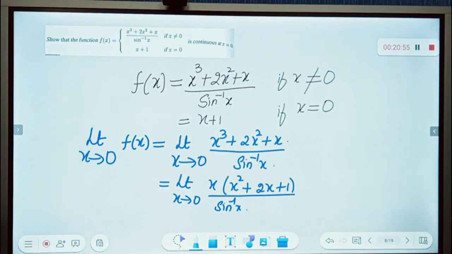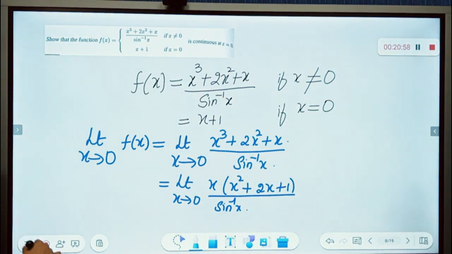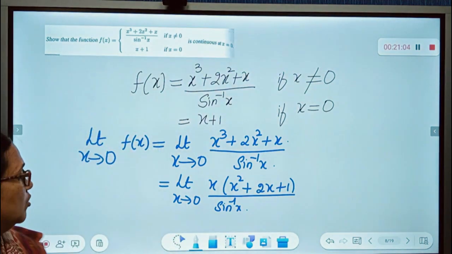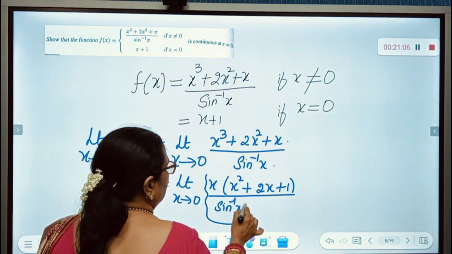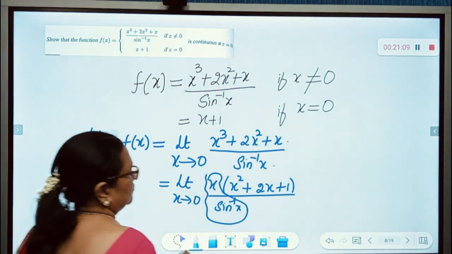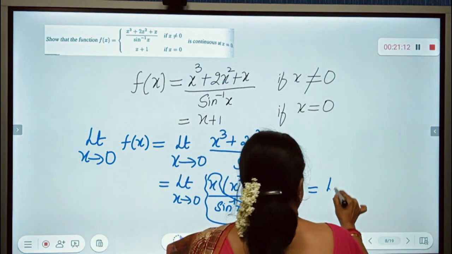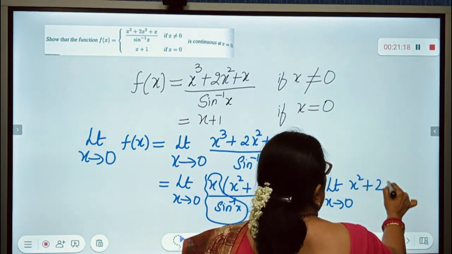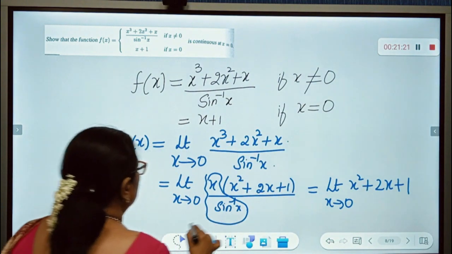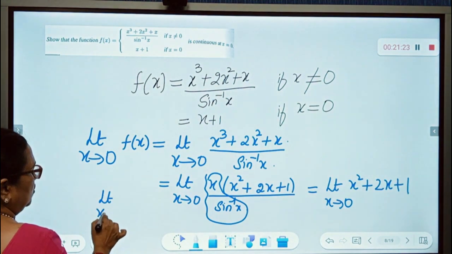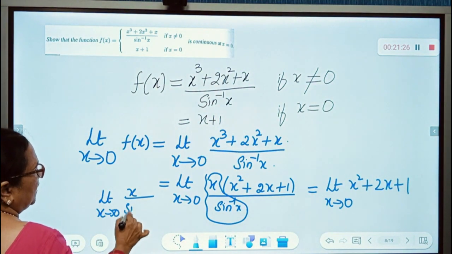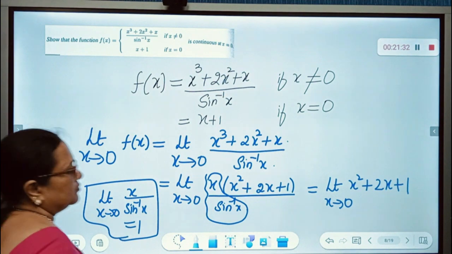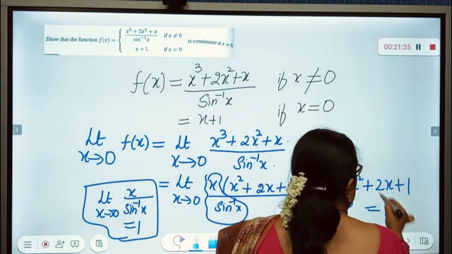If the limit as theta tends to 0 of sine theta by theta is 1, then the limit as theta tends to 0 of theta by sine inverse theta is also 1. So this factor is going to become 1. So this is the same as the limit as x tends to 0 of x square plus 2x plus 1, because the limit as x tends to 0 of x by sine inverse x equals 1. As x tends to 0, this is 1.